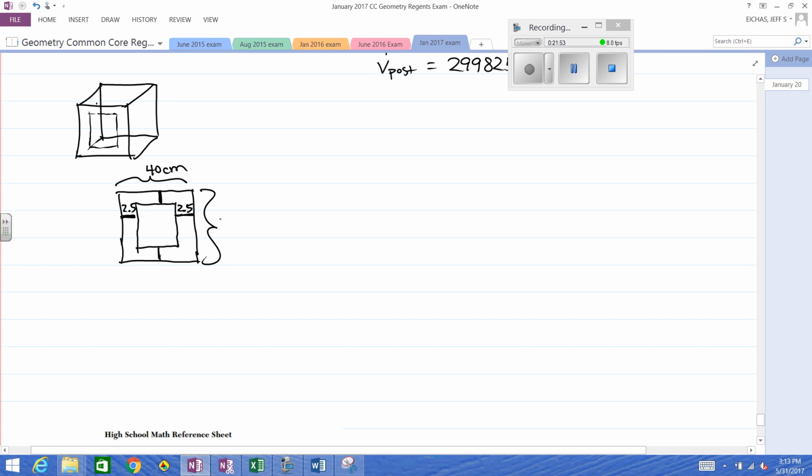So, all right, we've got a volume or an area of the base. If you look at volume for this, it's base times height, but that B is the area of the base. And this base is a square, so it's going to be 40 times 40. The volume of the outer part of the post is going to be 40 times 40, and our height is still 750 centimeters.